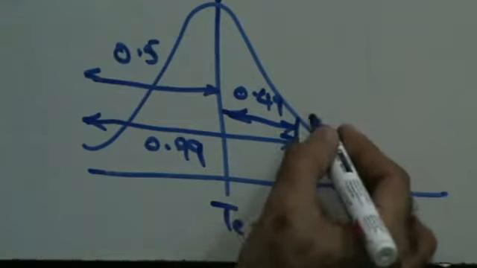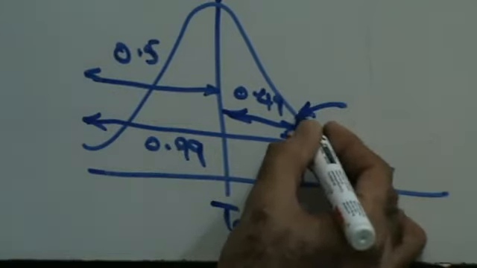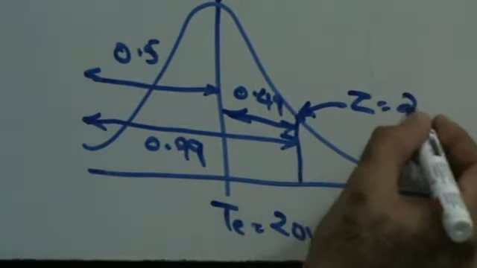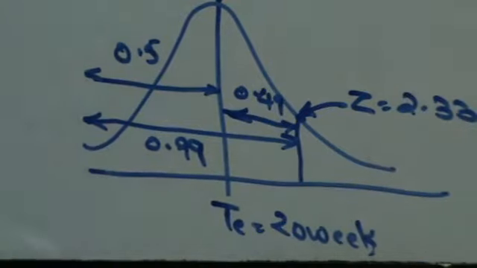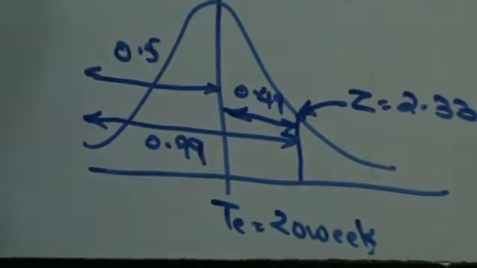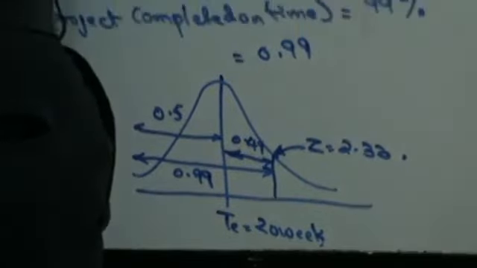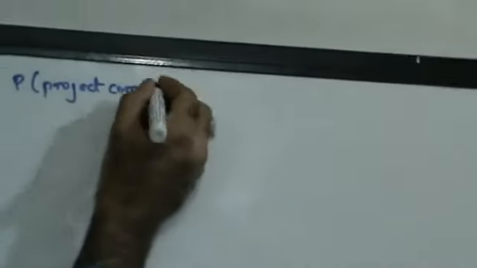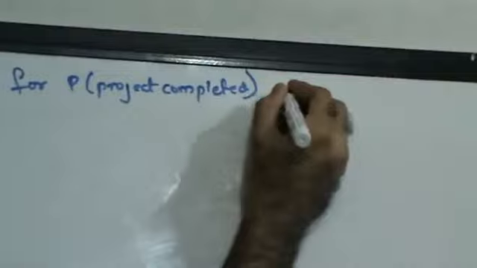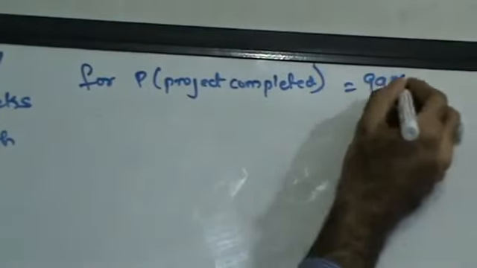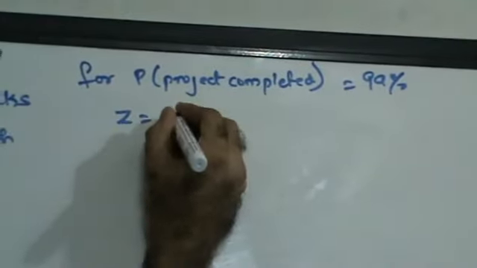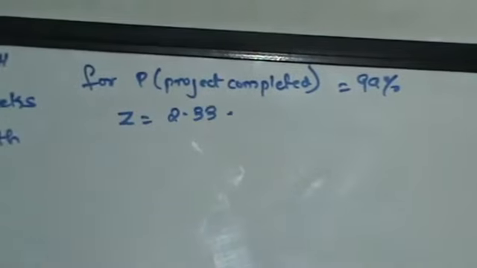So the normal distribution variable here is 2.33. For 99% assurance of the project being completed, Z is going to be 2.33.